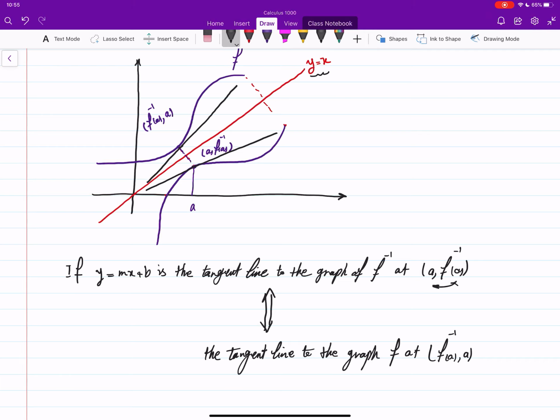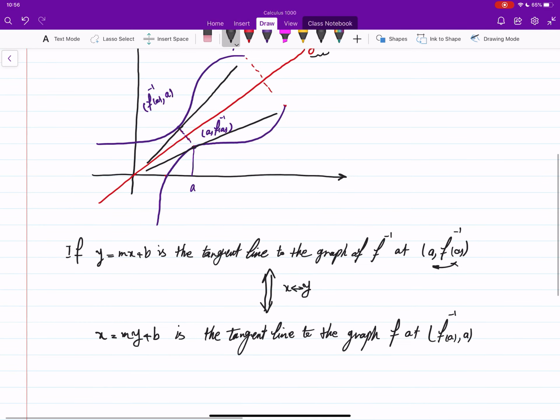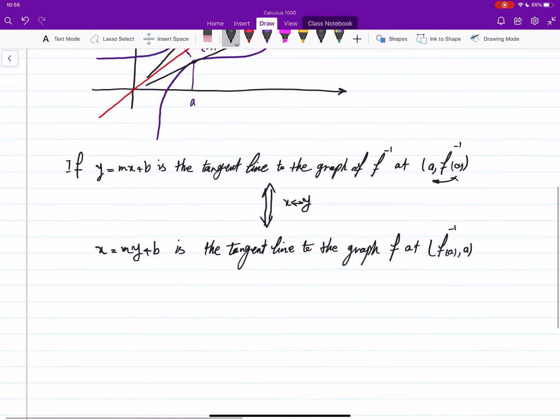Okay, how do we do this? By interchanging x and y in the equation. So then x equals my plus b is going to be the tangent line to the graph of f. Well, let me just reorder this a little bit to write it as y equal to something, so I can bring b to the other side.